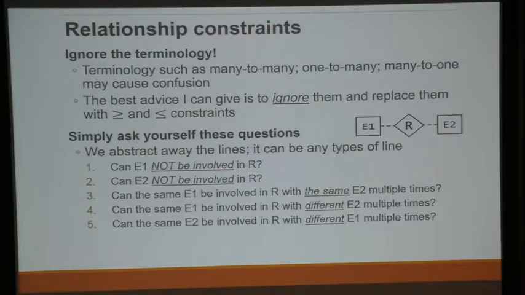Okay, so if you have two entity sets involved in a relationship set like this, and the line is an abstraction of any kind of line, then just ask yourself whether you allow 0, whether you allow 1, whether you allow more than 1. Okay?